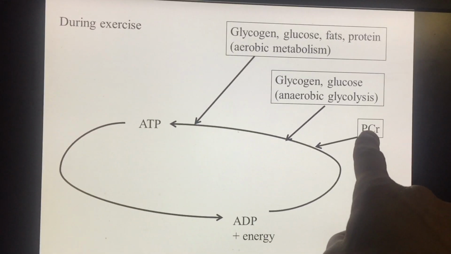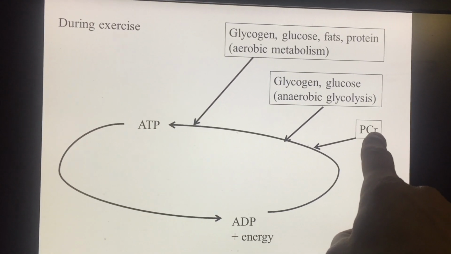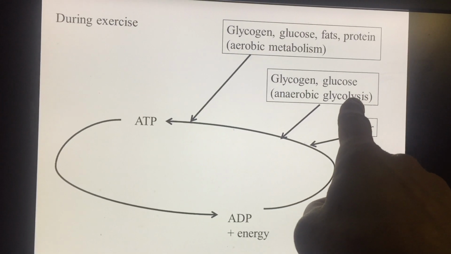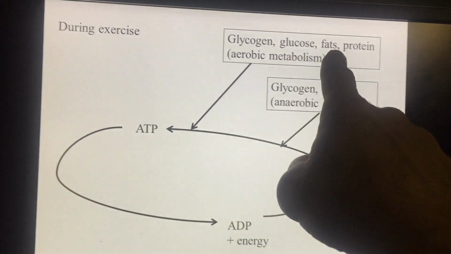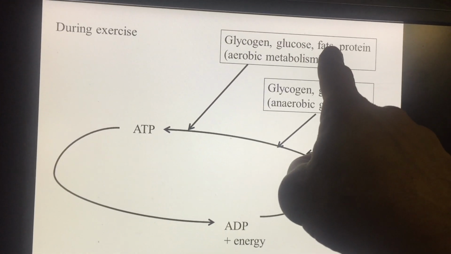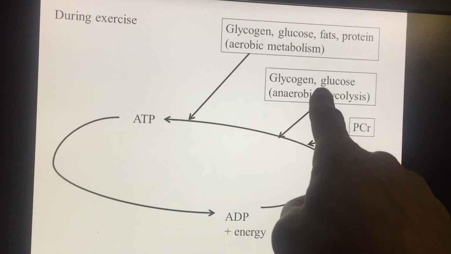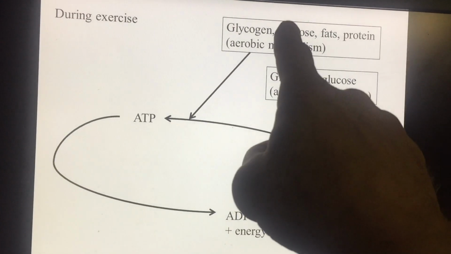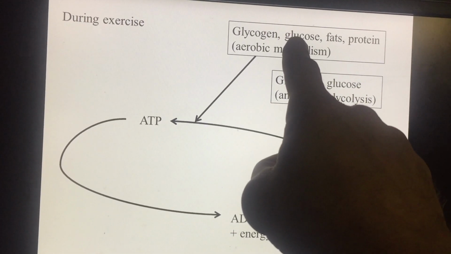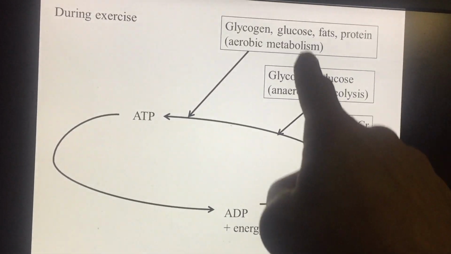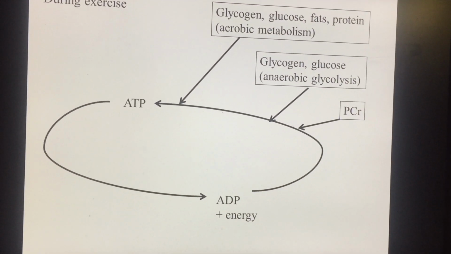So this is fast resynthesis of ATP. This is moderately fast through anaerobic glycolysis. And then this is slow resynthesis of ATP. This gives you just a little bit of energy. This gives you a moderate amount of energy, but this would give you a high amount of energy. And these are the differences between the different energy systems.